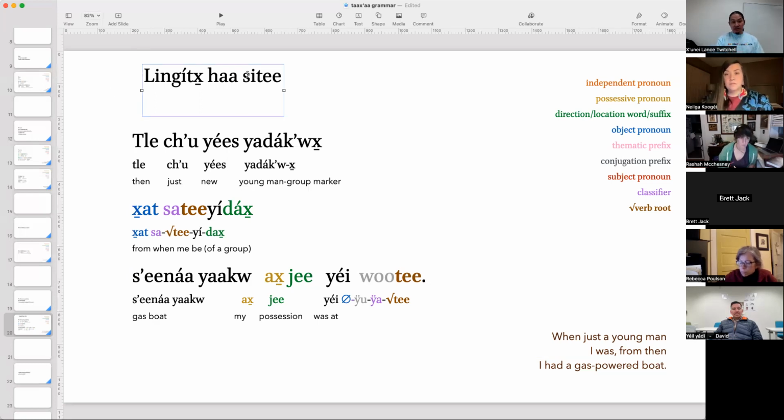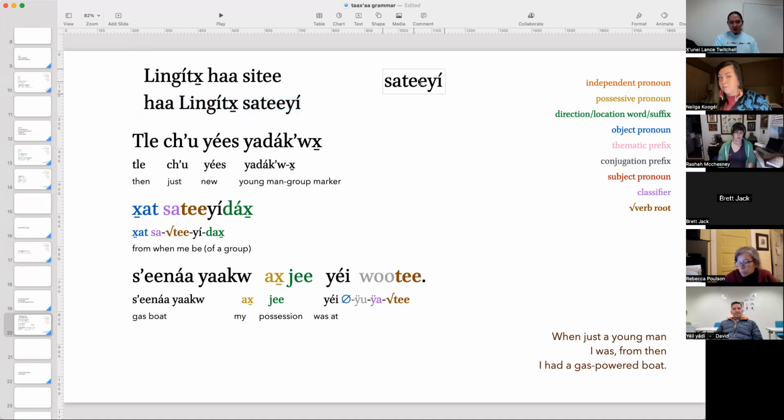It depends on the context. But then if you change that to ha Tlingit satiyi, our Tlingit identity. So now it has become a noun. And this noun follows all those same rules that we have learned. This is what it looks like on its own. Sati. You usually don't see it like that.